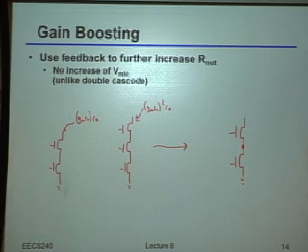What was it doing? What was the mechanism that we discussed last time? Yeah, exactly. It was basically taking that Vx and making the change in voltage on Vx much smaller than the change in voltage across the whole cascode, or across the whole current source.